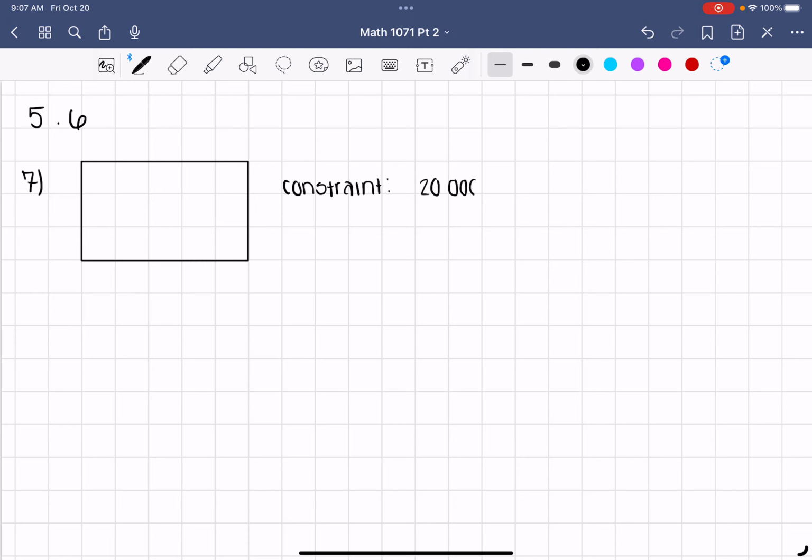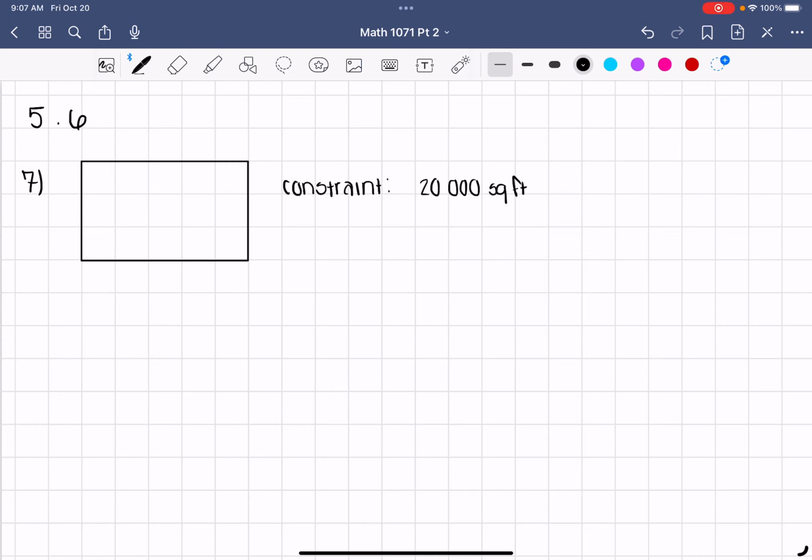I don't care about units. When I'm working the problems, I should label my units, square feet and so forth. But if you didn't, I wouldn't mark it down. So, that's our constraint. You must enclose that much.